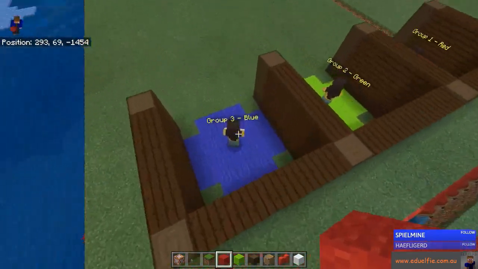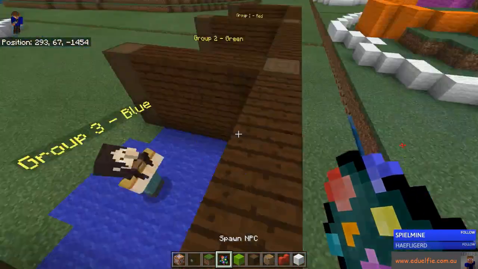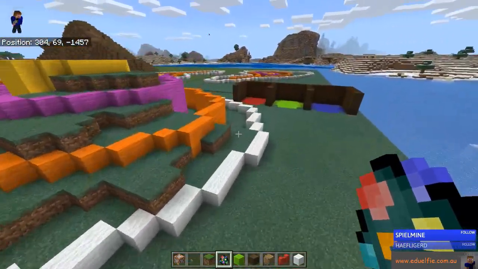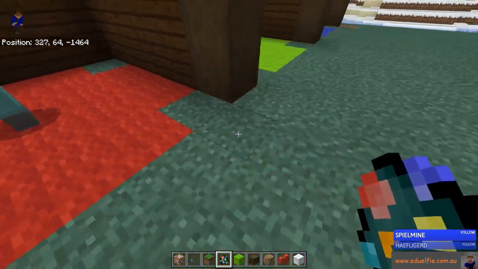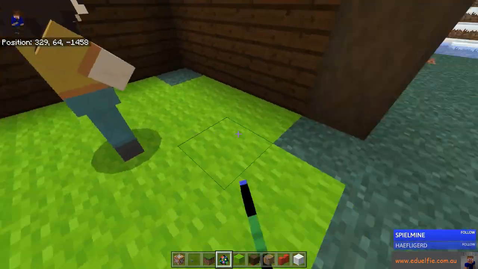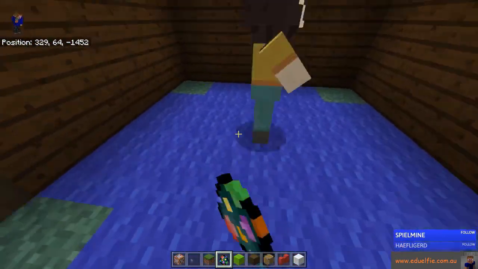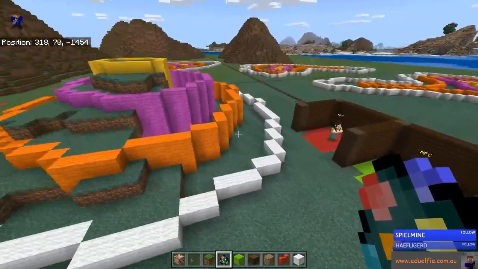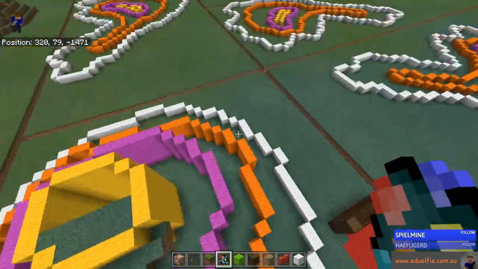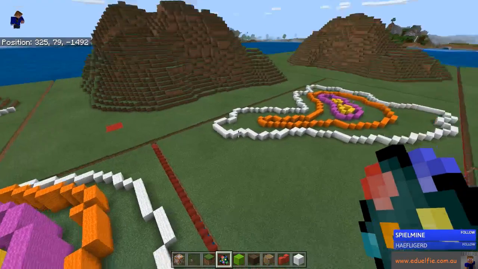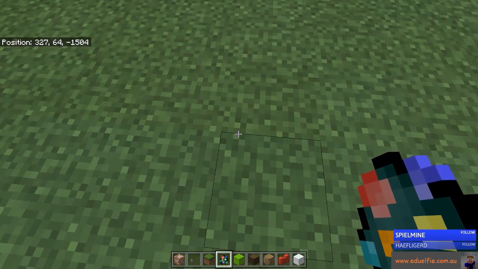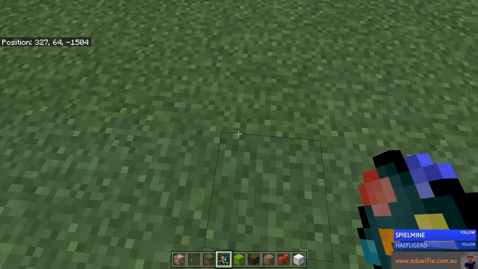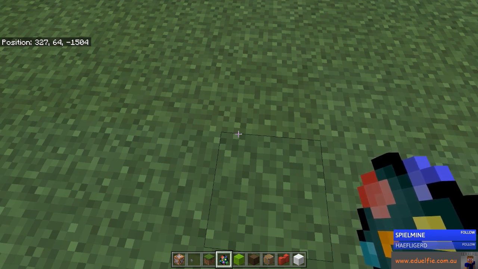Here's a question. Nice. You go there. You go there. You go there. And then we'll get some coordinates. So this group can be 327, negative 1504.